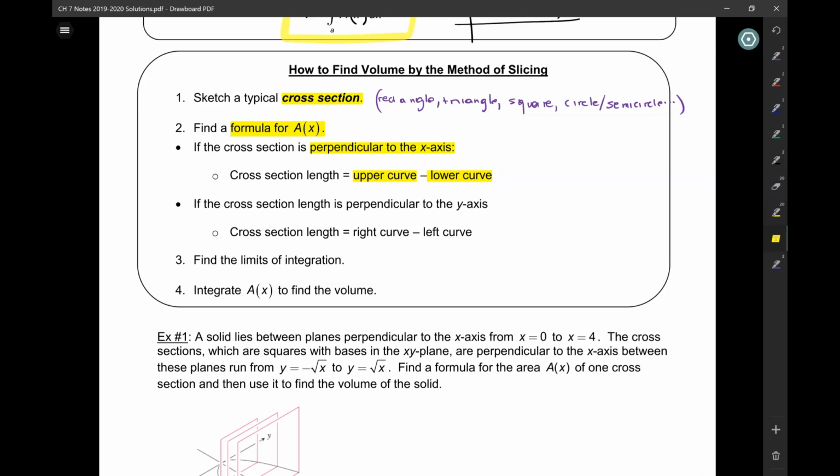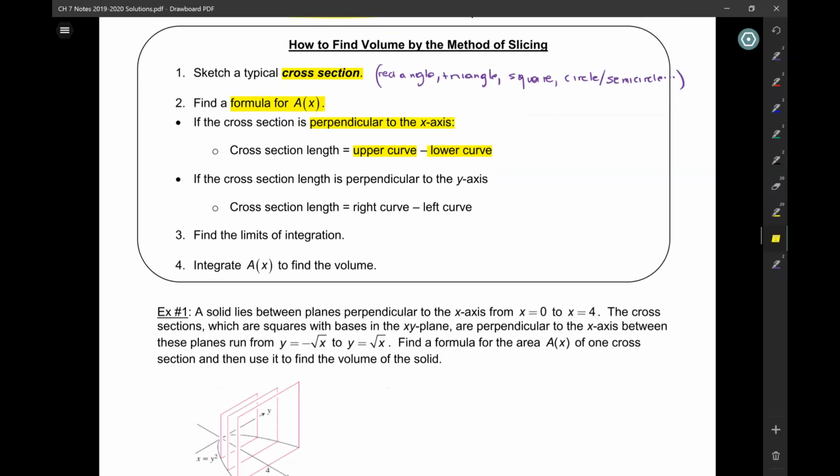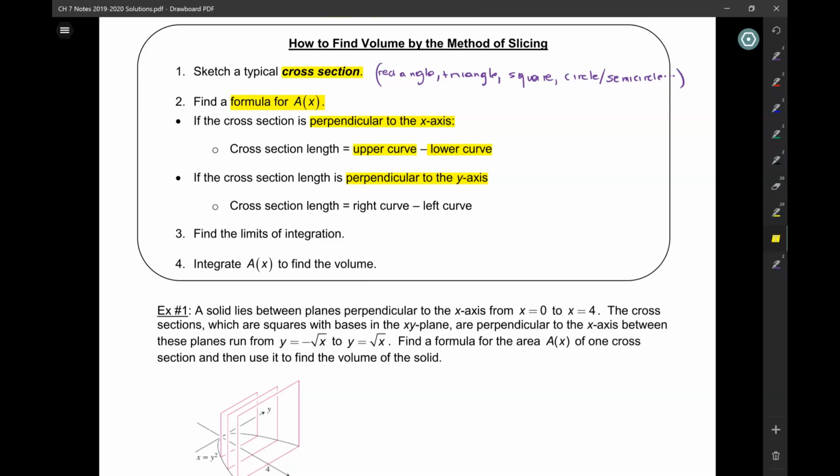Just like when we were doing area, upper curve minus the lower curve. If the cross-section is perpendicular to the y-axis, then we have to do the right curve minus the left curve. All right, that's how we find the formula for A of x. Then we have to look at the limits of integration and then integrate A of x to find the volume, right?